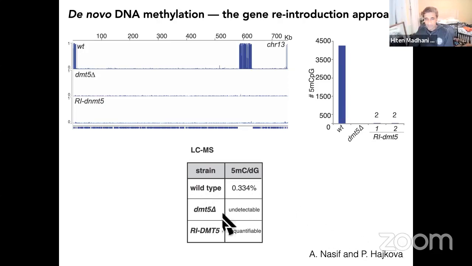Again, we could see that there was no detectable cytosine methylation when we knock out DNMT5. When we reintroduced it, although it couldn't be quantified because it was below the quantification standards of the experiment, we saw a tiny peak, which we think is consistent with this very small amount of DNA methylation when we reintroduced DNMT5. And I'll come back to that later.